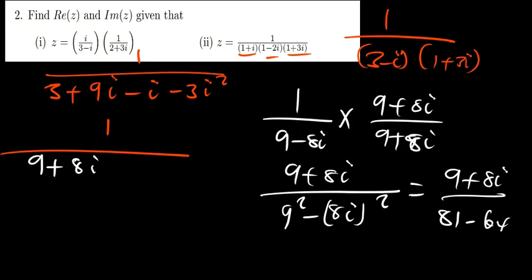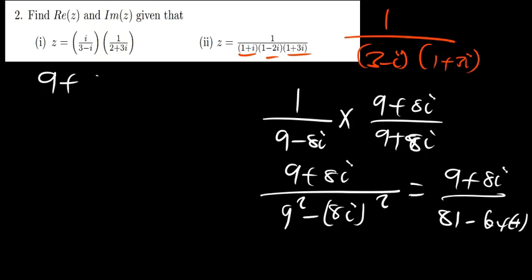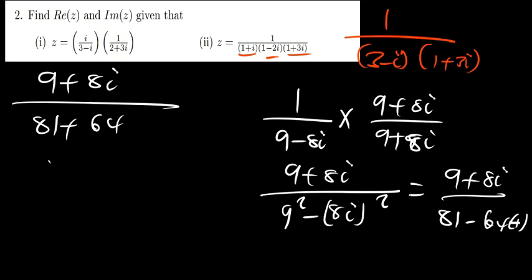Now i squared is negative 1. So I'll have 9 minus 8i divided by 81 plus, negative negative is going to be plus 64. So what is 81 plus 64? That is 145.